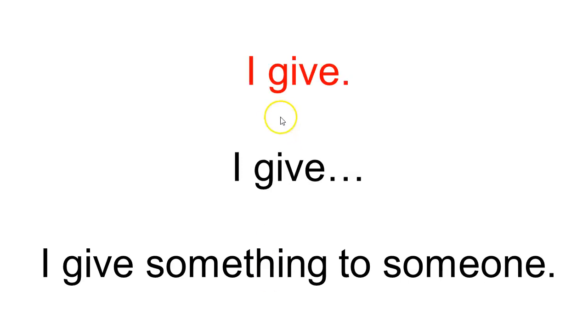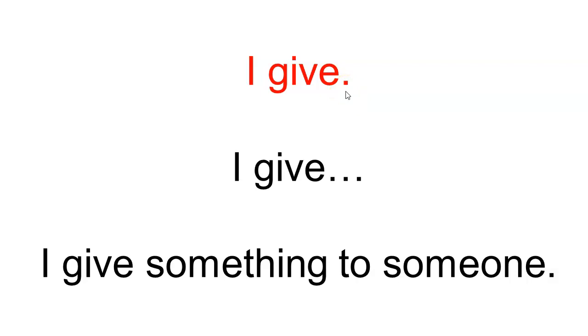The prime example of that is the verb to give. If you give something, a direct object, to someone, your indirect object, you need a direct object and you need an indirect object to complete the thought. You can't just say I give and put a period on it, unless you are intending to say I give in the sense of giving up.